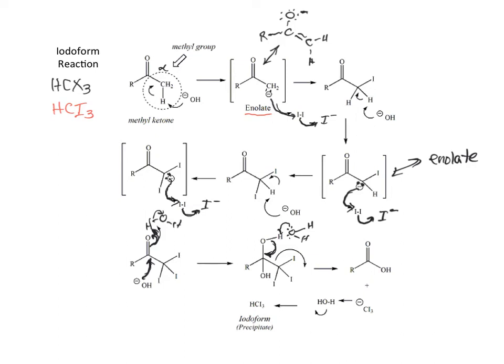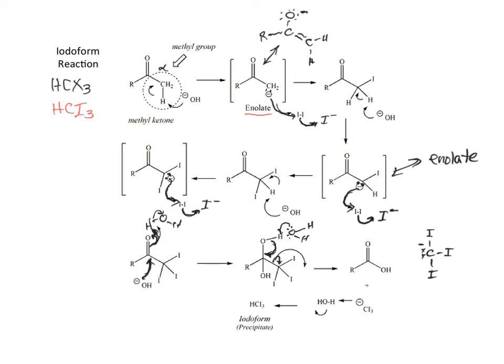And so it is this triiodomethyl group that acts as a leaving group. Right? There's our electrons, there's our carbon, there's our three iodines. And so we get a carbanion stabilized by the large size of these iodines and its electron withdrawing capabilities.